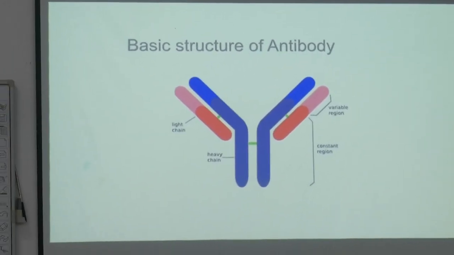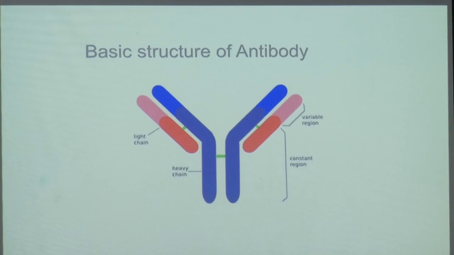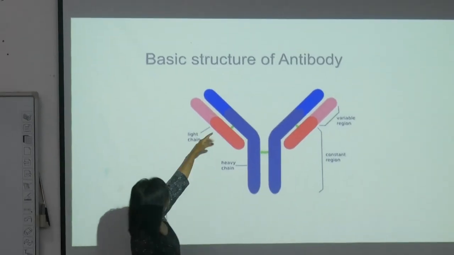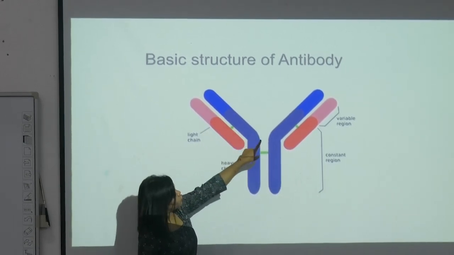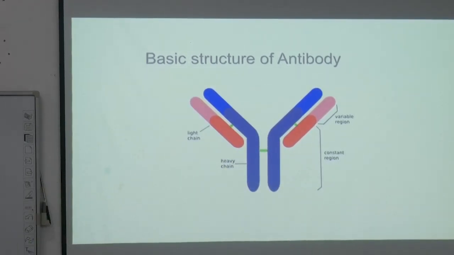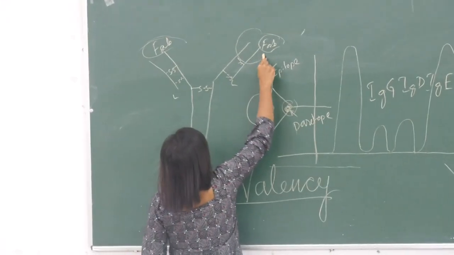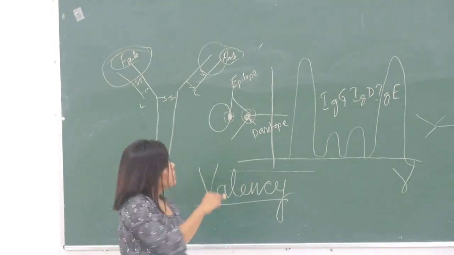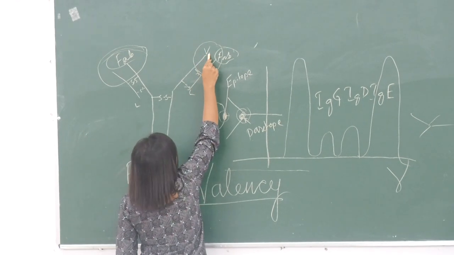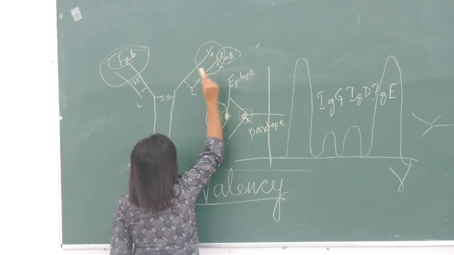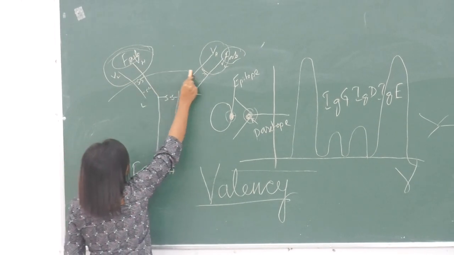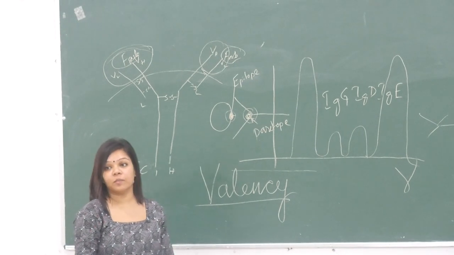So this is the structure that I was talking about. This is the region which I have drawn. These two regions, this region and this region, this is VH and this is called VL. VH and VL. So this part is called variable.